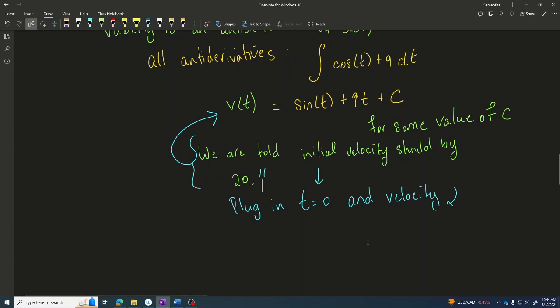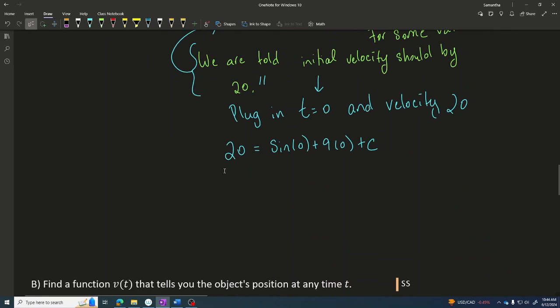And when I plug in t equals 0 and velocity 20, let's see what this equation tells me. On the left-hand side, the velocity is 20. On the right-hand side, the t values are 0. And by simplifying that expression, sine of 0 vanishes, 9 times 0 vanishes, and so I get 20 equals c.